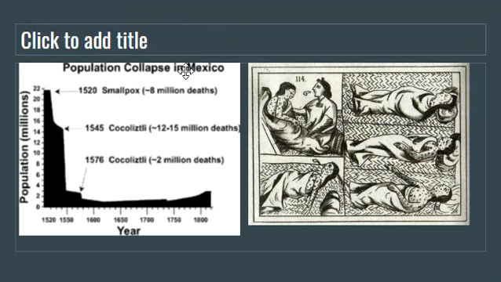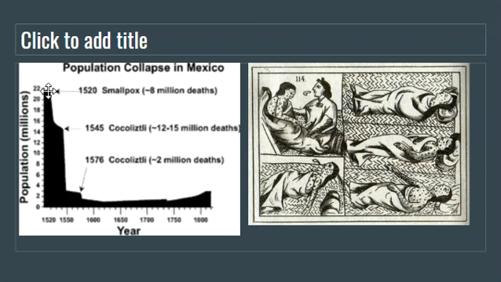There's this little chart right here, and it shows you that in 1520, they believe 8 million Native Americans died in Mexico. In 1545, they think 12 to 15 million Native Americans died in Mexico. In 1576, that number went down to 2 million, but look at the population.